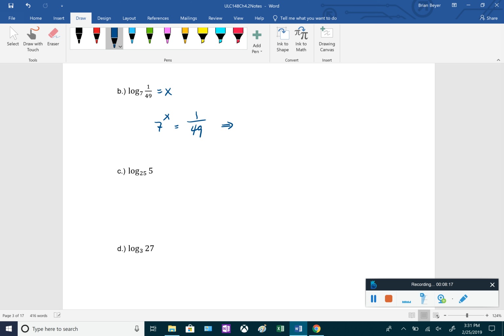So clearly this got reciprocated, right? The 7 became 1 over 49. So that means x is going to be negative something. 7 squared equals 49. So that means x is going to be negative 2. 7 to the negative 2 equals 1 over 49. So that means log base 7 of 1 over 49 equals negative 2.